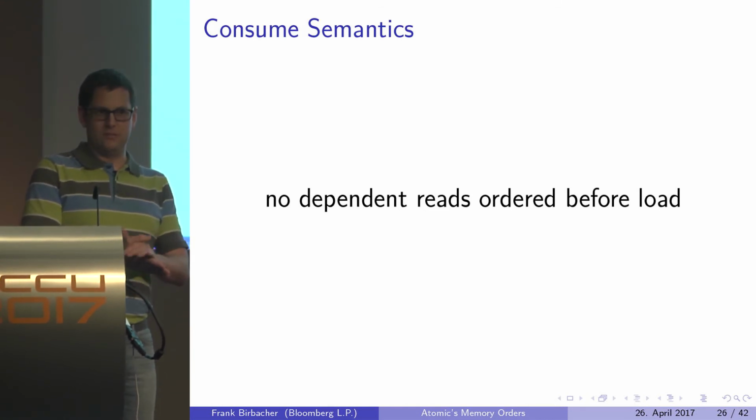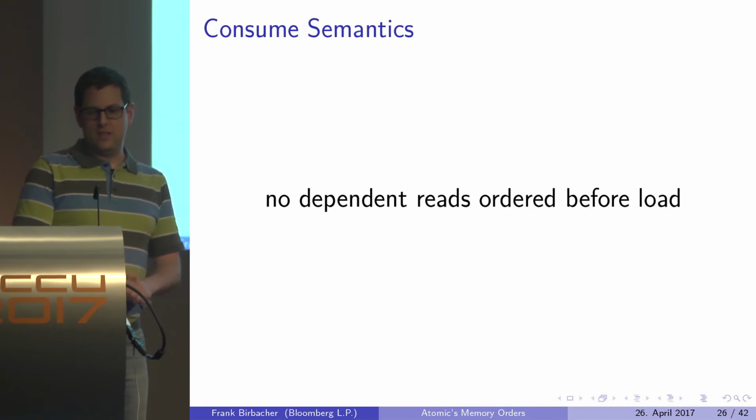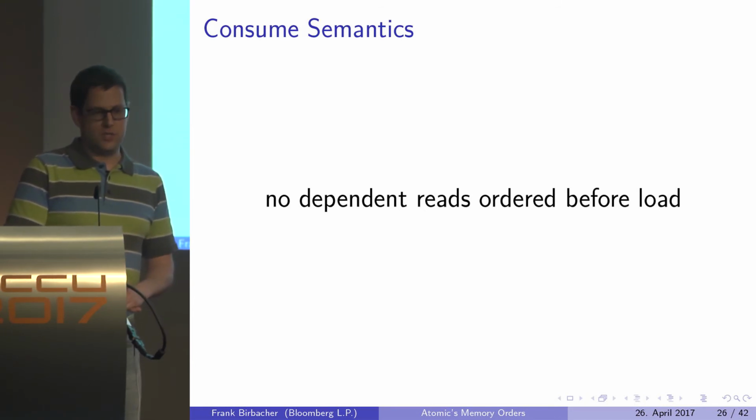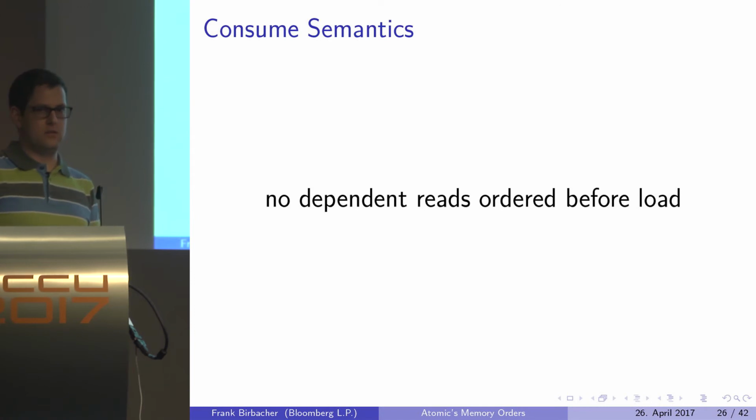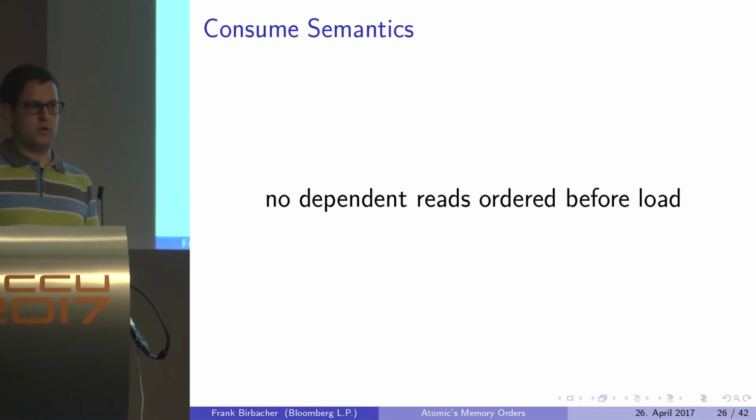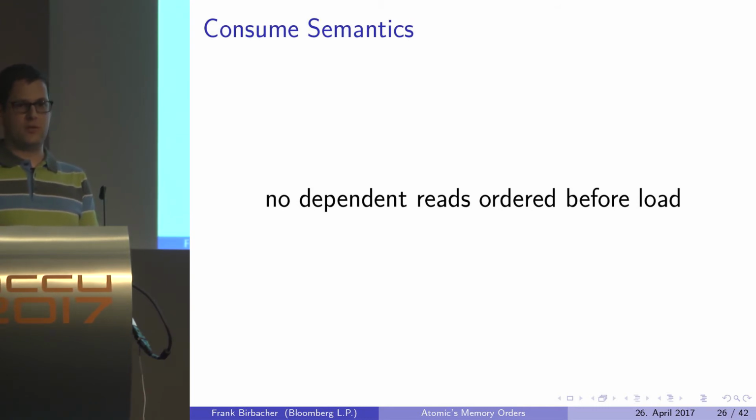But hopefully, or maybe not, this is not going to be of much interest because the consume memory order is discouraged by the current standard. Implementers figured that they can't necessarily do better than acquire, and acquire is stronger. So you could try to optimize your program to make use of consume semantics, but you basically waste your time trying to figure that out instead of using acquire.